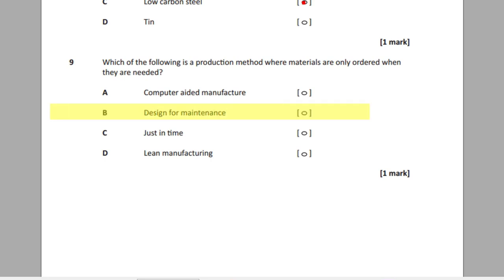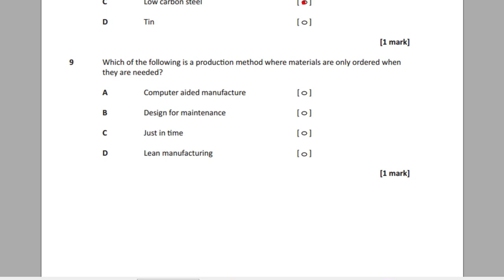Design for maintenance is designing products that can be maintained at low cost and to reduce pollution and to reduce waste. Just in time refers to a process where manufacturers order parts and tools just in time as their inventory.